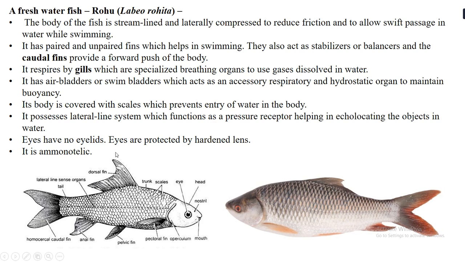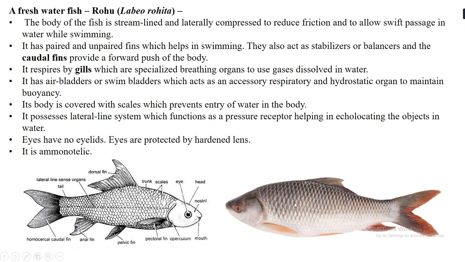The fish respires by gills, which are specialized breathing organs that use gases dissolved in the water. It has air bladders, or swim bladders, which act as accessory respiratory and hydrostatic organs to maintain buoyancy in the water. The body of this fish is covered by scales, and this prevents the entry of water into the body.